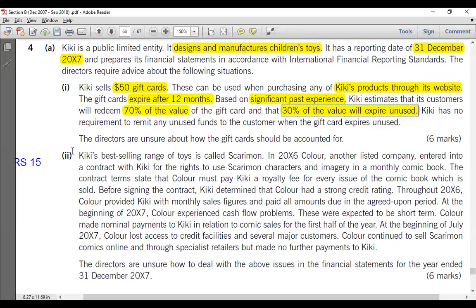Kiki has no requirement to remit any unused funds to the customers when the gift card expires unused. So this means that the amount is non-refundable in fact. So how should we recognize the revenue?